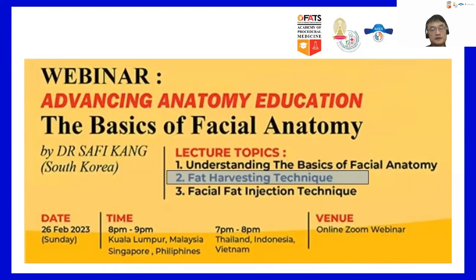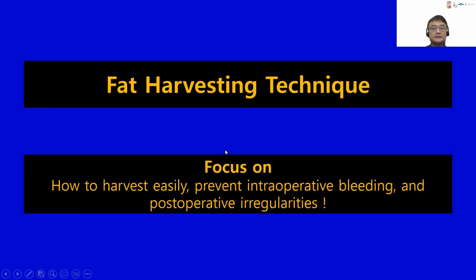That is the focus today. My focus today is how to prevent bleeding and how to prevent irregularity from the donor site of fat grafting. So today's focus, as I said just before, is how to harvest easily and prevent intraoperative bleeding and postoperative irregularity.